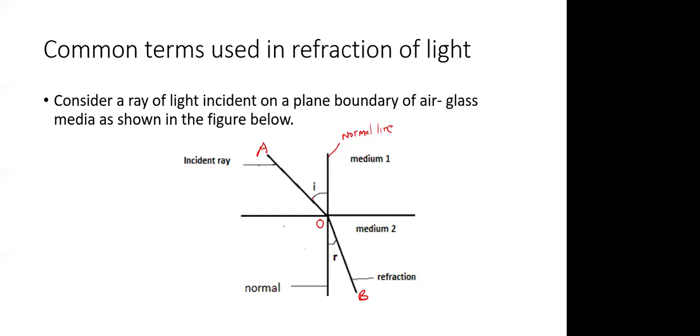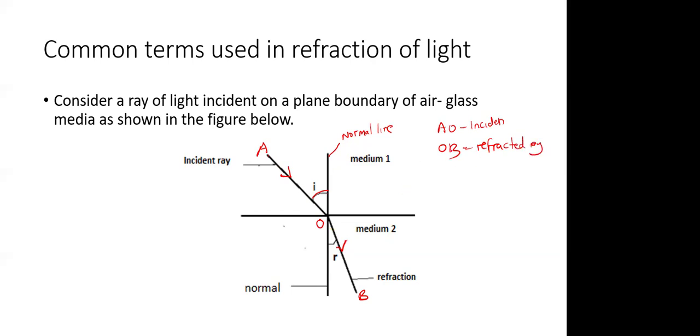Now, this ray from A to O is what we call the incident ray. This line here is what we call the normal line. Then from O to B is what we call the refracted ray.